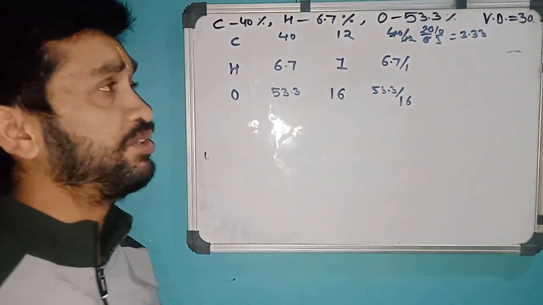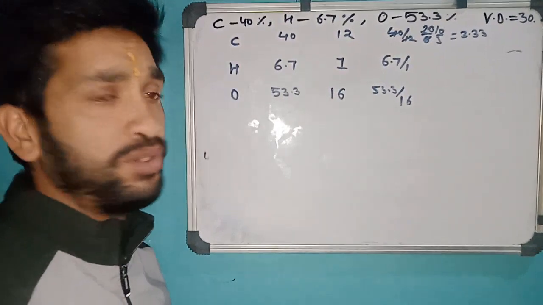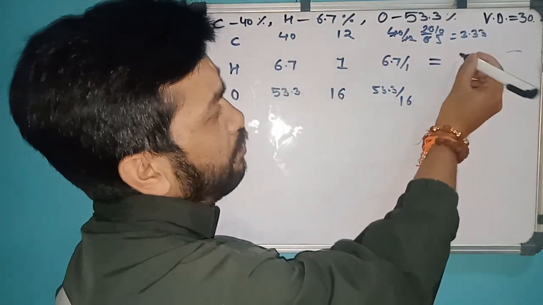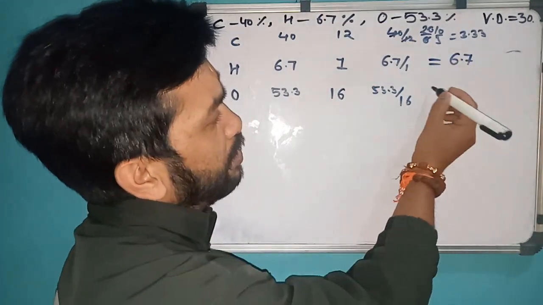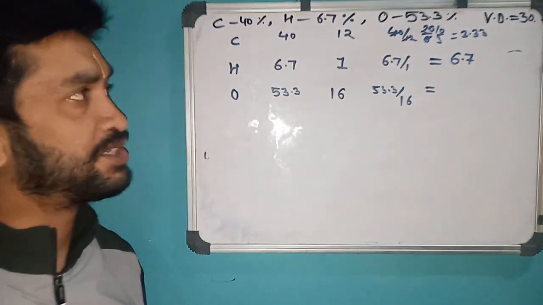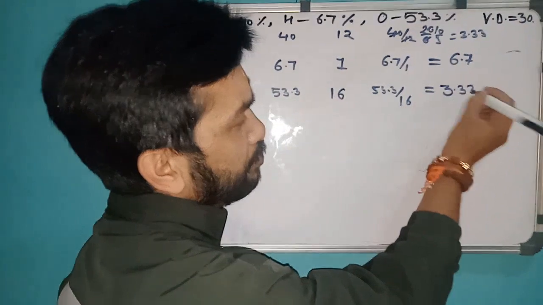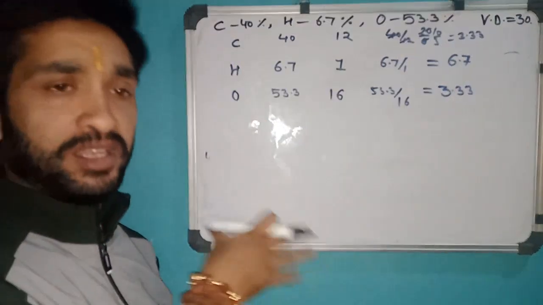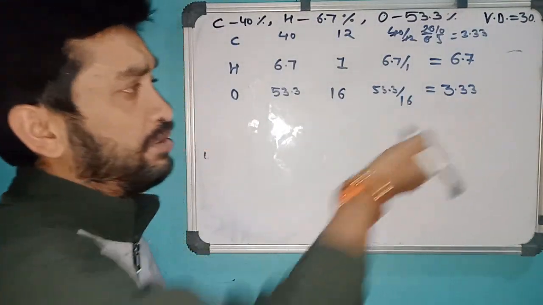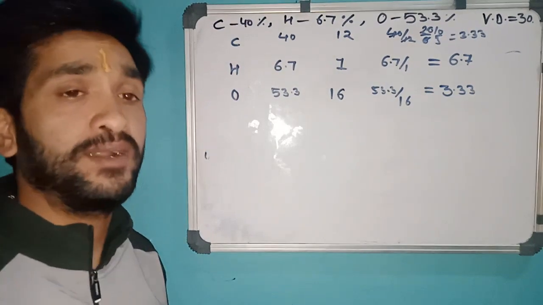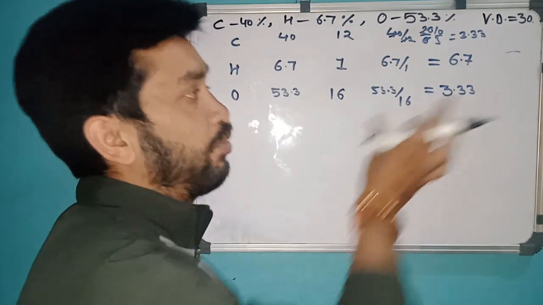After non-terminating it's 3333, so we can write it as 3.33. 6.7 by 1 can be written as 6.7. 53.3 by 16 will come out to be 3.33. As I have told you, this question I have taken from your text. Okay, so the 53.3 when divided by 16 is giving 3.33.